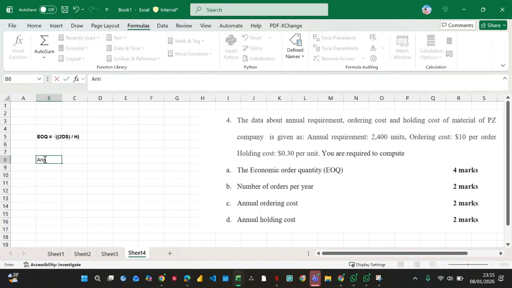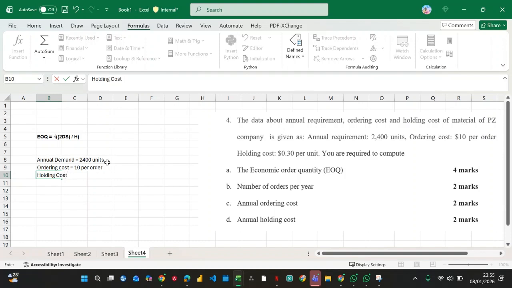Let's get the requirement. First of all, we have our D, the annual demand, from our given data. It's 2,400 units. Then our ordering cost, S, is $10 per order.